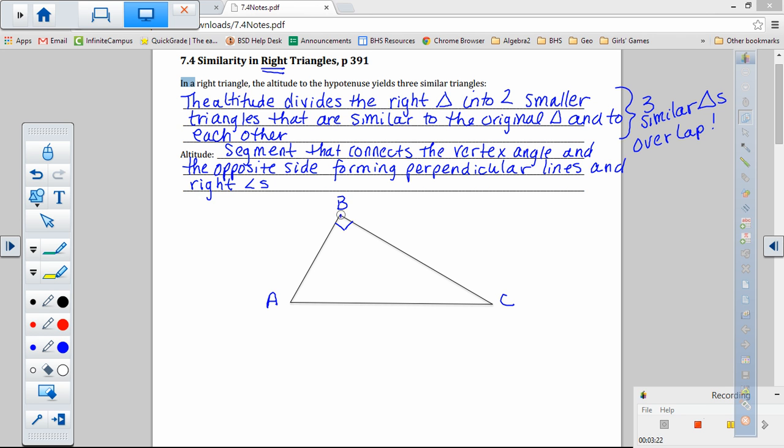This segment that I'm drawing in right now is our altitude. Okay, and we're going to call this point down here D. So up here as an example of an altitude, BD is the altitude. Okay, BD is the altitude. It makes a perpendicular line with the opposite side, so it creates a right angle at the bottom.